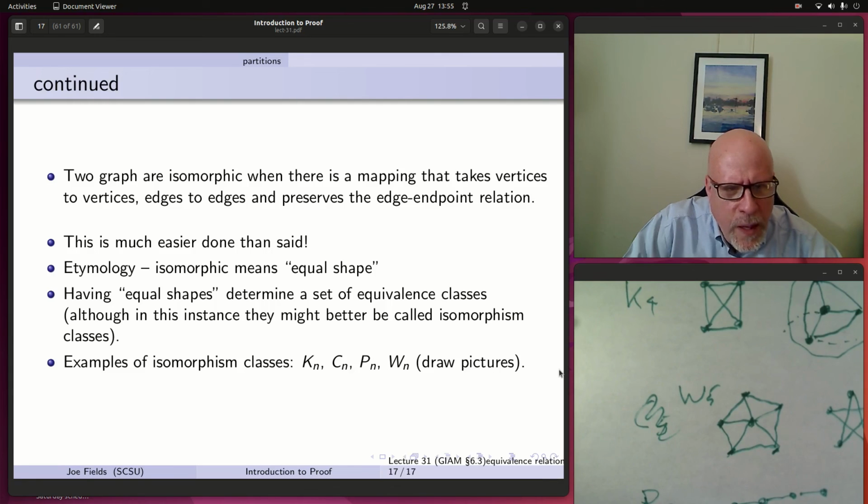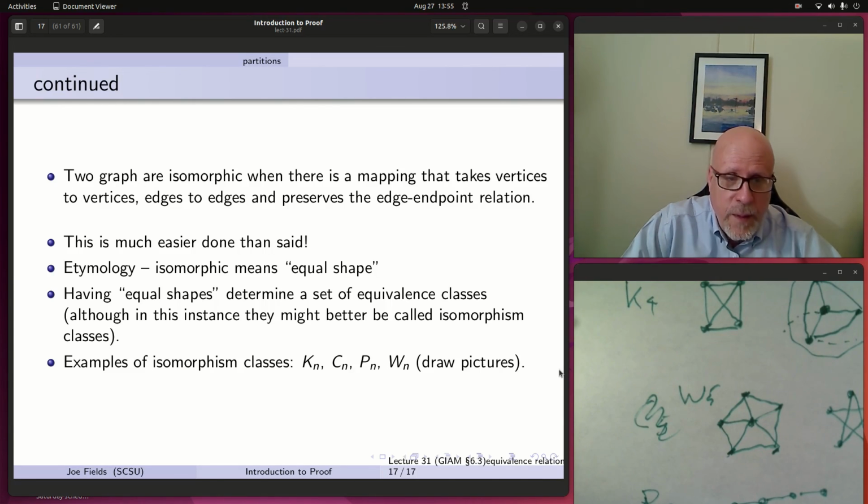Reflexive. Does a graph have the same shape as itself? Can there be a mapping that sends the vertices of a graph to itself, the edges of the graph to itself? Yeah, the identity mapping. And the identity mapping is certainly going to be respectful of the edge endpoint relation. So sure, reflexive is easy.